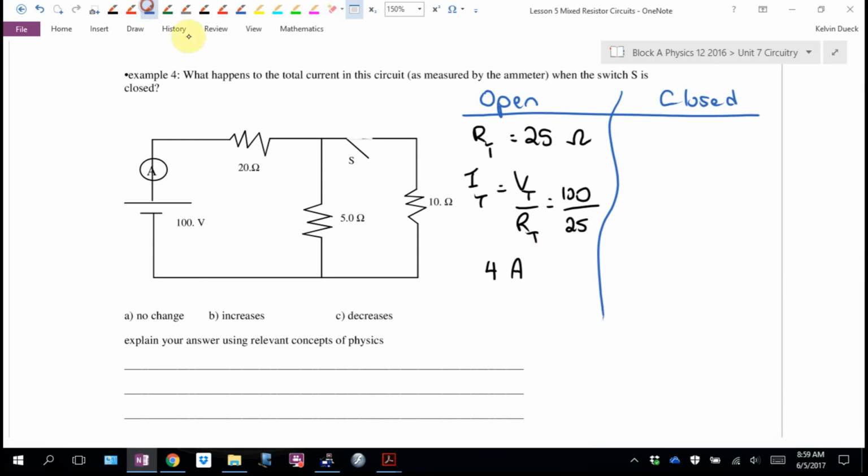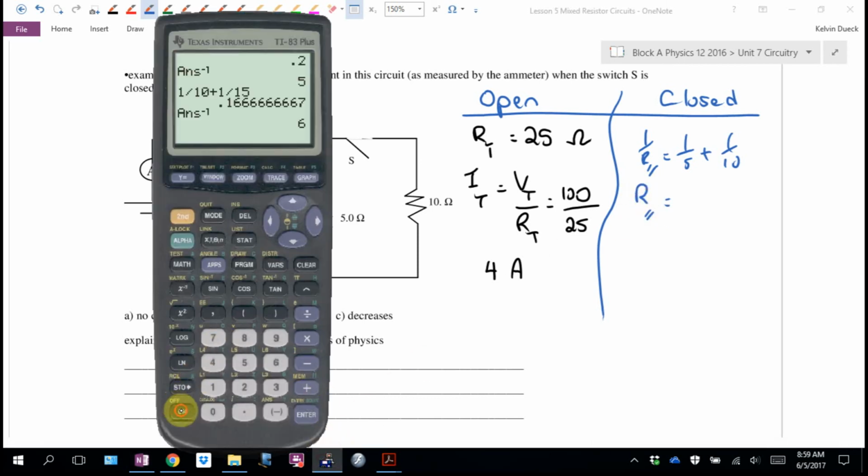So first, when I close this switch, now I've got a 5 and a 10 in parallel. I'm going to have to go 1 over R parallel is 1 over 5 plus 1 over 10. The parallel component is 0.3, reciprocal, 3.333 repeating.